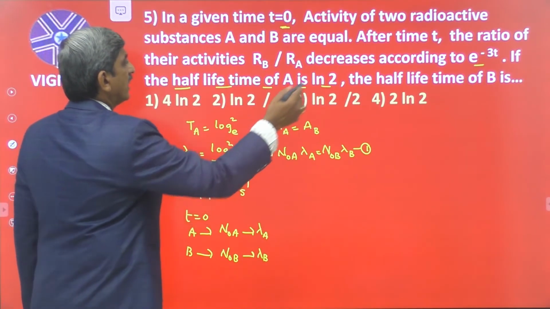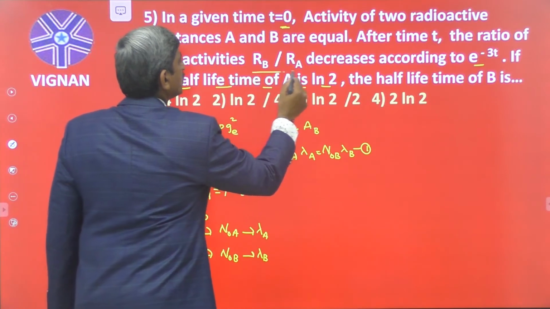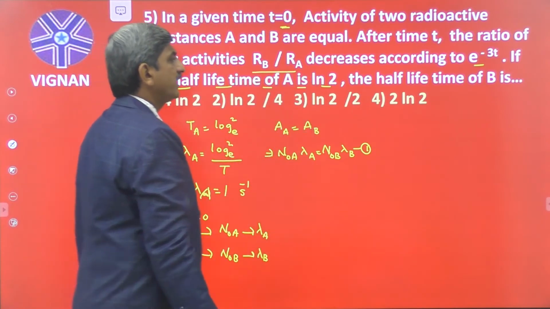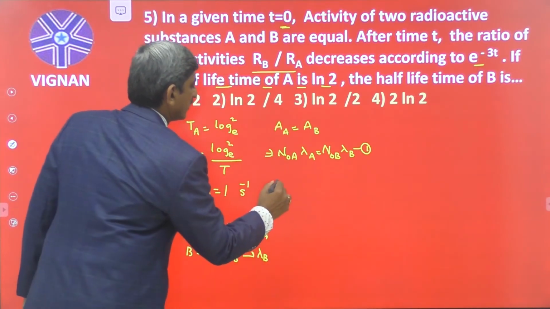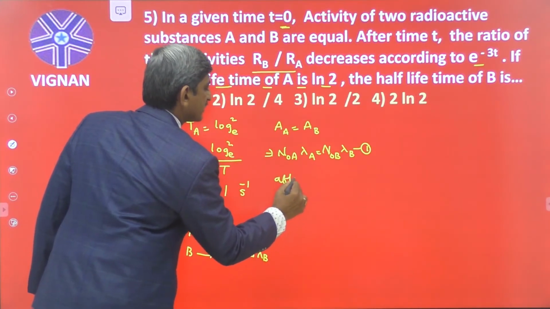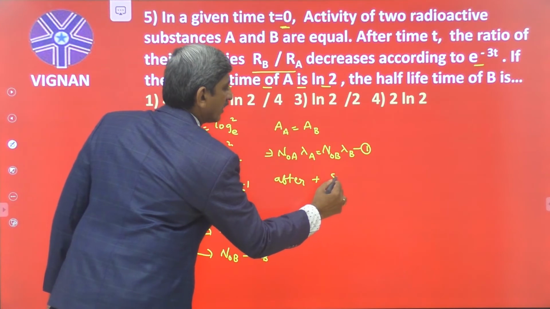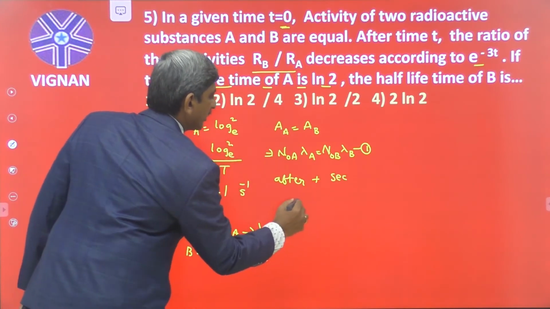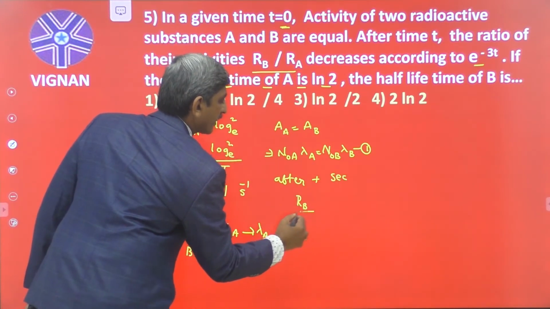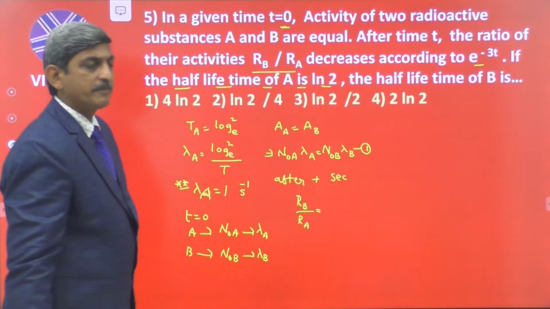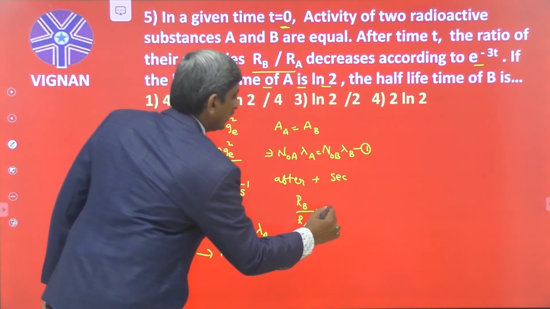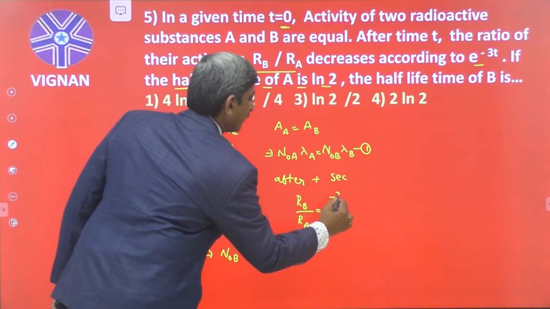It is given that after time t seconds, the ratio of Rb to Ra decreases according to the equation e to the power of minus 3t. That means after t seconds, Rb by Ra is equal to e to the power of minus 3t.